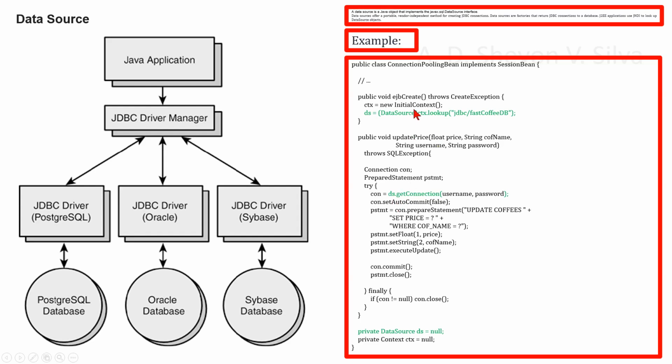And here the connection pool data source object is deployed. A programmer can use a data source object to get the pool connection here. The code for getting the pool connection is just like the code for getting a non-pool connection. You can see here the variable ds represents a data source object that produces the pool connection to the database.